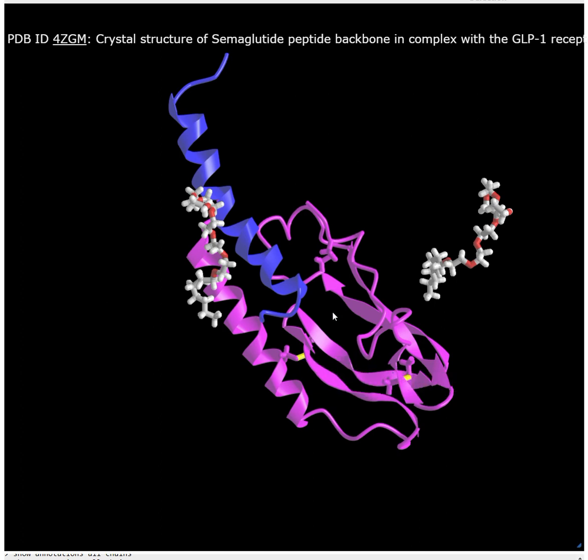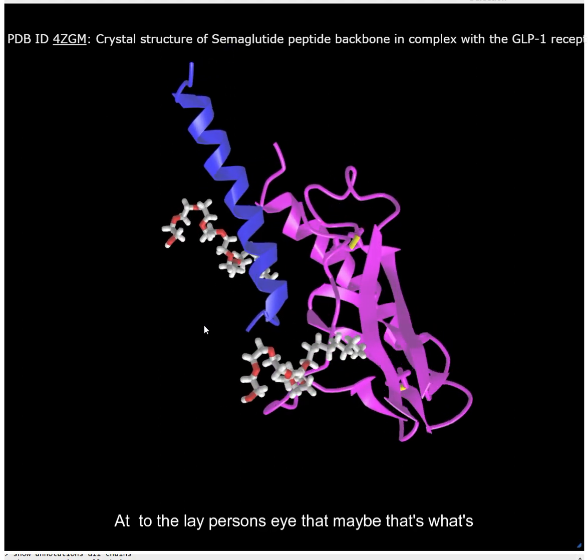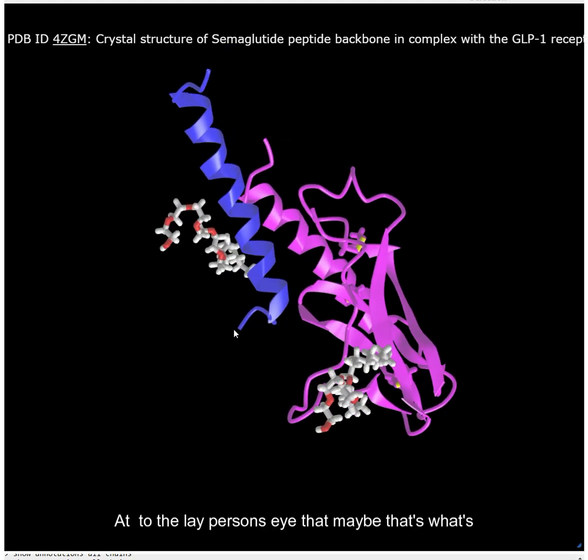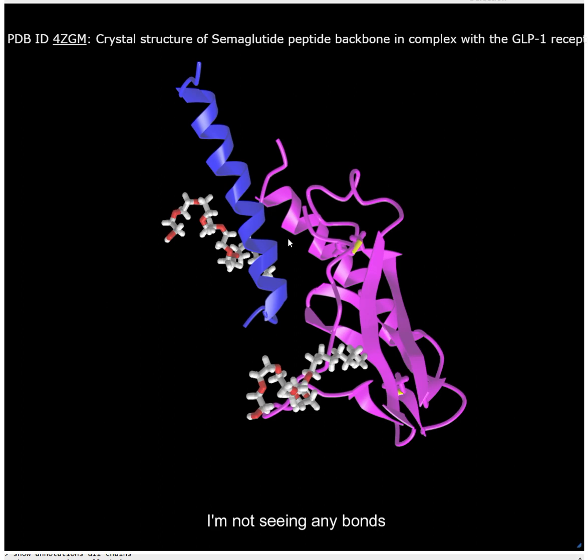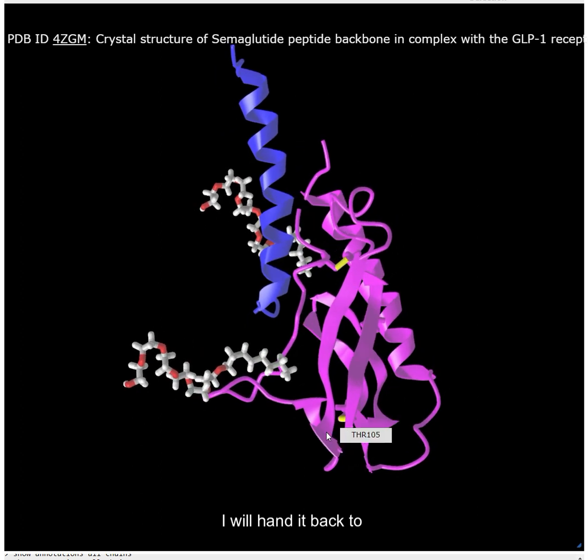And these structures that are going to be described in a moment are what's critical for that. But you can also see there are these helices that the transmembrane protein has too. And it appears, at least to the layman's eye, that maybe that's what's associating, although I'm not seeing any bonds. That's not what you do with this anyway. So with that, I will hand it back to you.